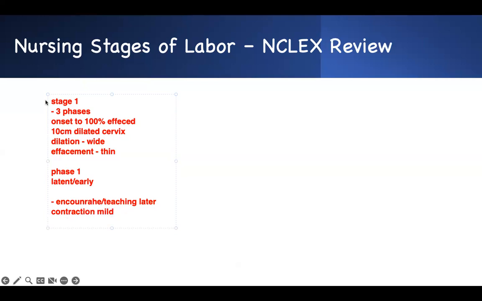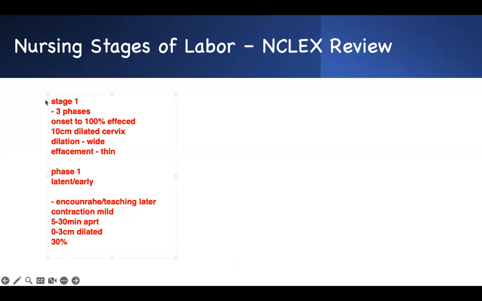And usually it's slow. It takes a long time before they contract. So 5 to 30 minutes apart. And then the cervix is like 0 to 3 centimeters dilated, probably 30% effaced, very small effacement.